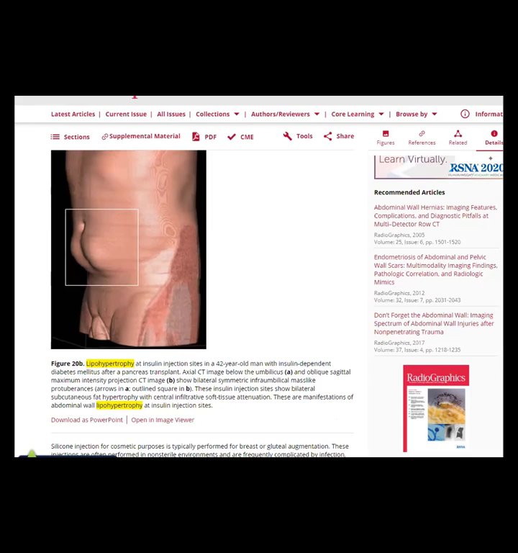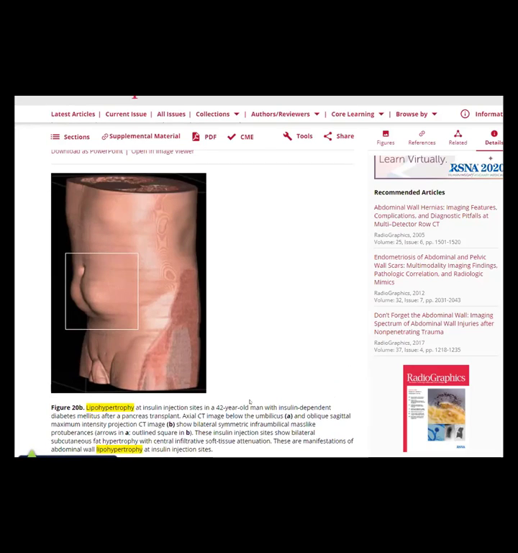Very cool. Steve says Perry showed the same case at SAR last year. Yeah, he showed it. One of the hypotheses I had read is that when we inject insulin, the local insulin concentration is higher, so it causes increased glucose uptake by the cells surrounding it, and that's why there is irregular hypertrophy and atrophy of the surrounding tissue.